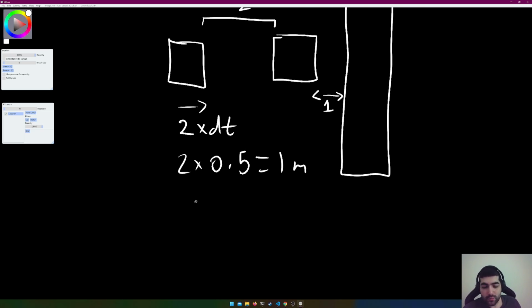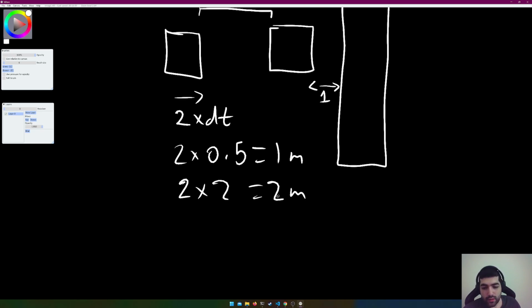If I'm moving at a speed of 2 meters per second, but only half a second passed, then half the distance should be moved. On the other hand, if our delta time is 2 seconds, then it should be 2 by 2, which gives us 4 meters, right? Again, that's what we expect. This is what would happen in the real world.